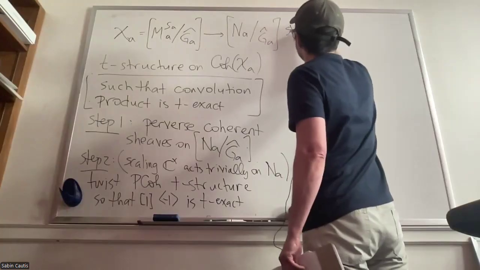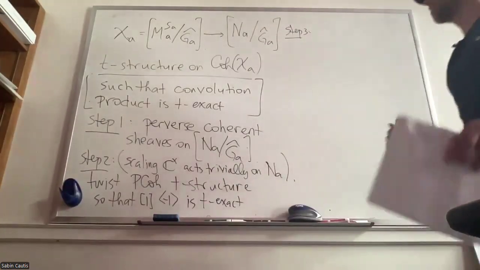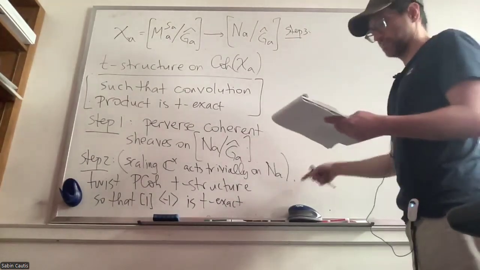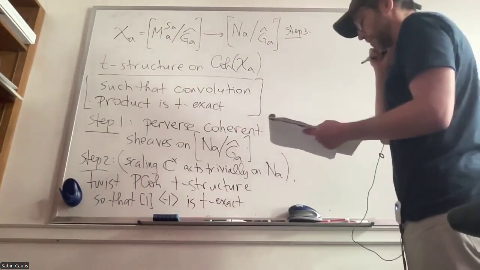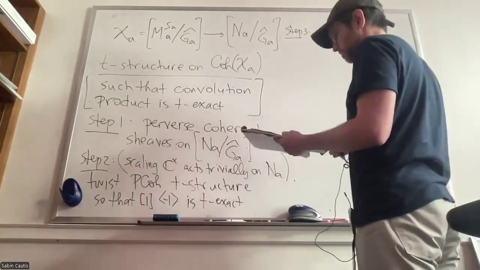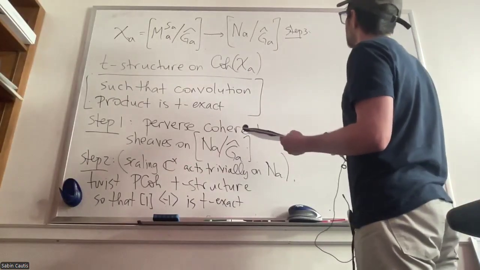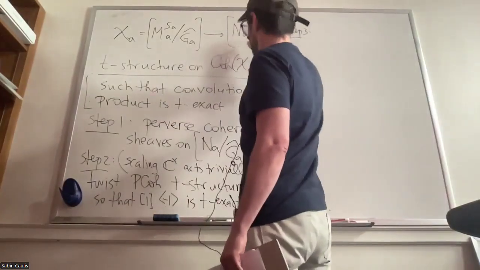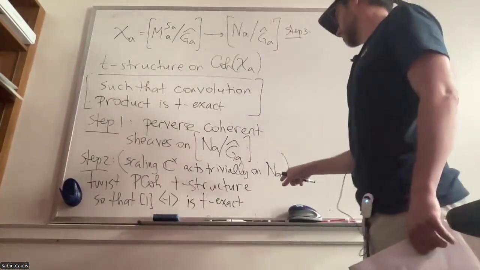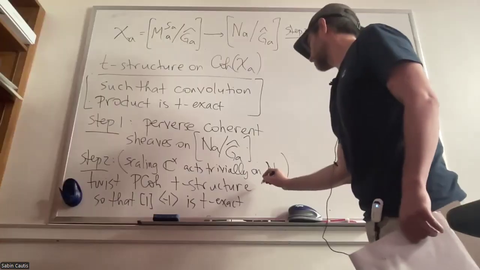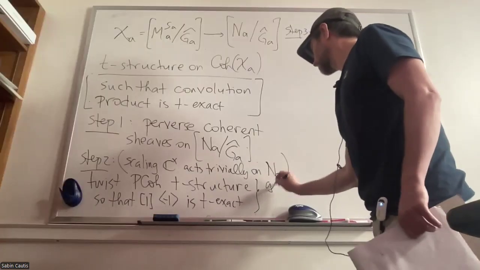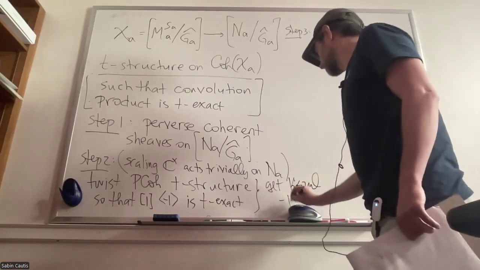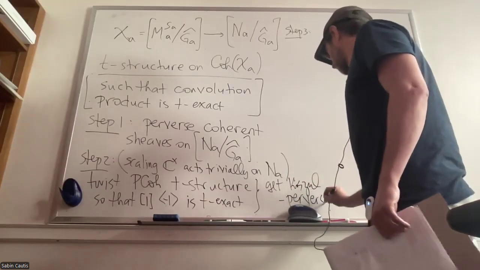And then the last step, which is in some sense the most important one, because the others are either known or elementary, is the following one. We're going to lift this twisted T structure. I'm going to call the resulting T structure the causal perverse T structure.